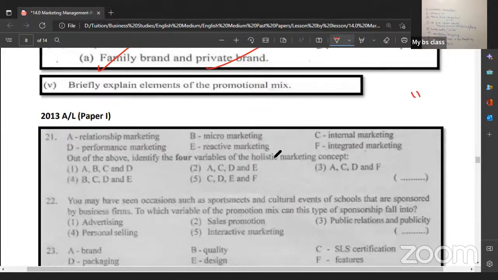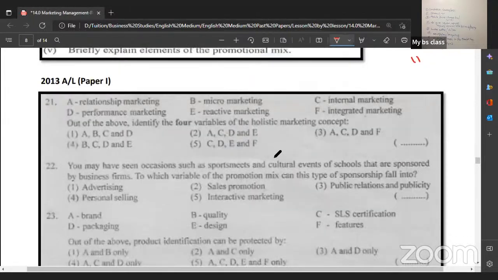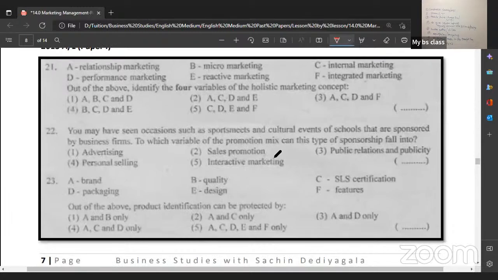Now let's see what they're asking. Out of the above, identify 4 variables of holistic marketing. Holistic marketing is question number 21. Now let's see the answers.